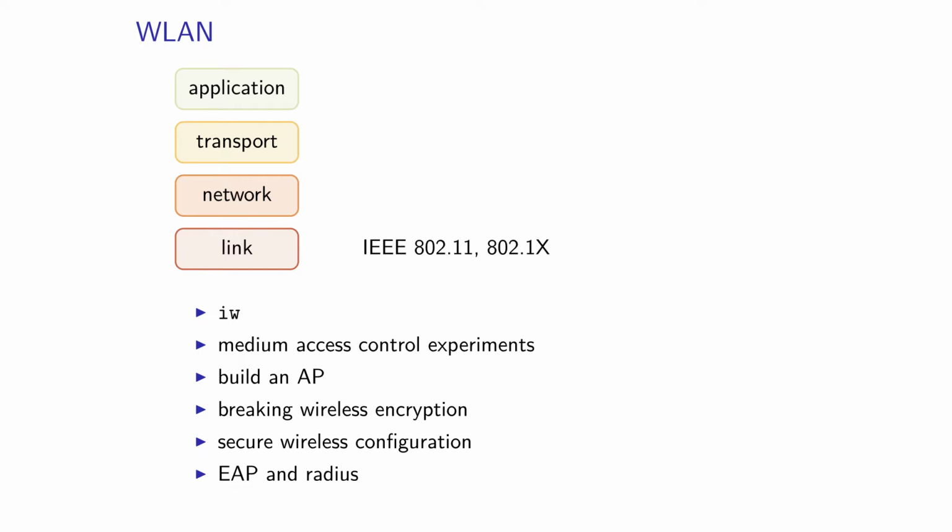So in all the 9 labs up to now, we were using cables and wired transmissions, and now we will look into how the 802.11, so the Wi-Fi standard, works, and also set up your own access point and break an old, outdated wireless encryption, the WEP protocol, for example.